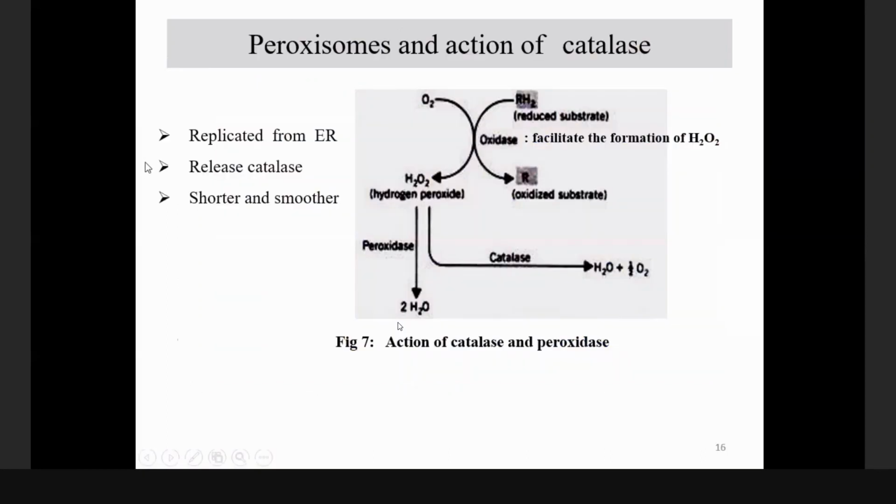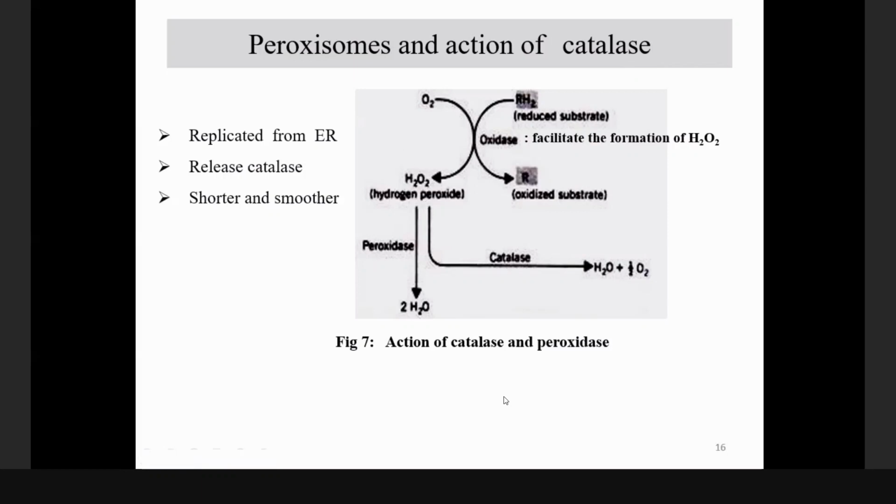Then the next, peroxisomes. Peroxisomes are again organelles found in the cytoplasm, and they are mainly important to produce catalase. Catalase is an enzyme that converts hydrogen peroxide, which is very toxic for your body.